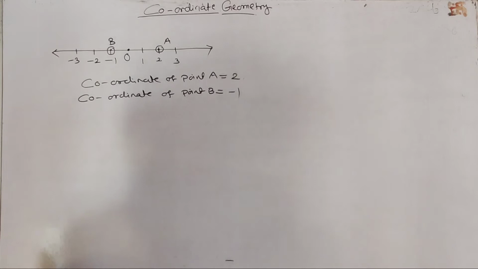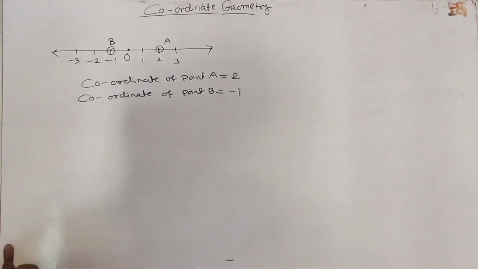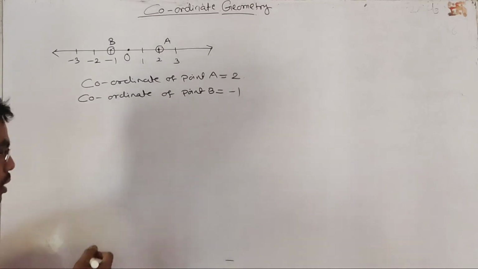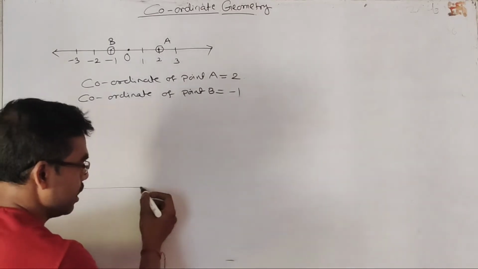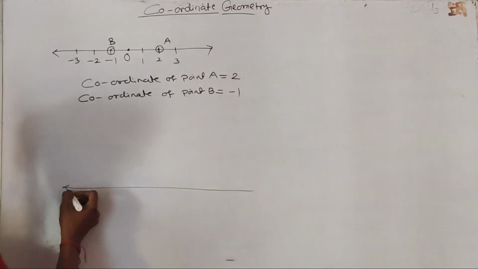Now suppose we have to locate a position in a plane. So we want here the x-axis and y-axis. So this is the x-axis, horizontal line.